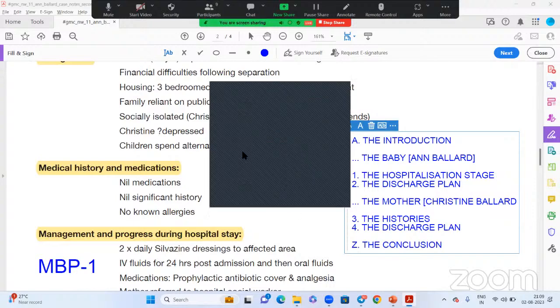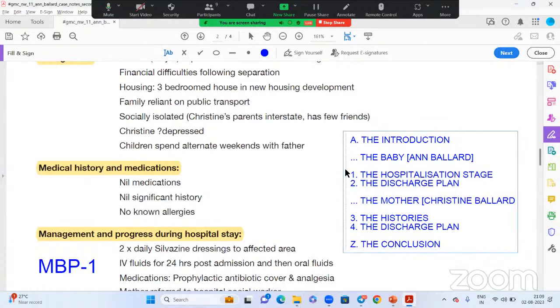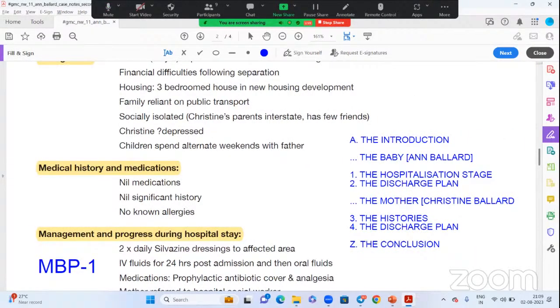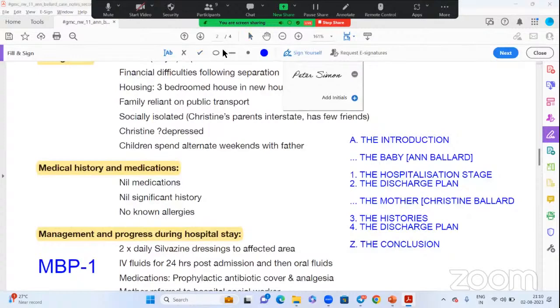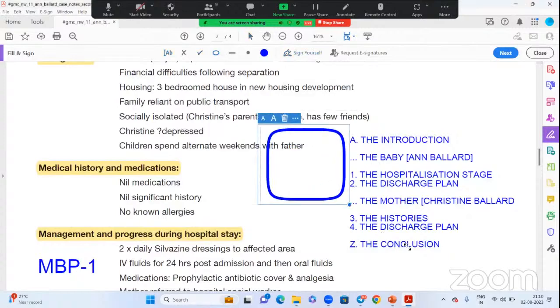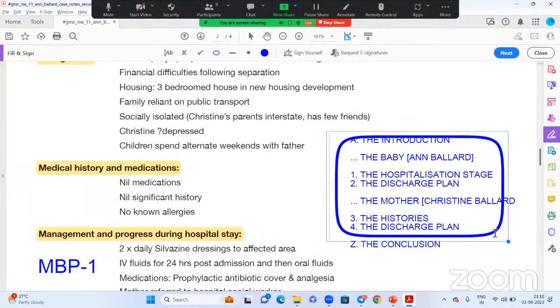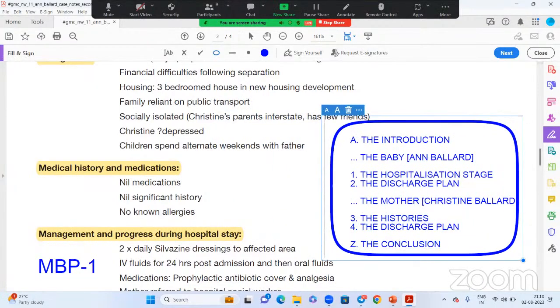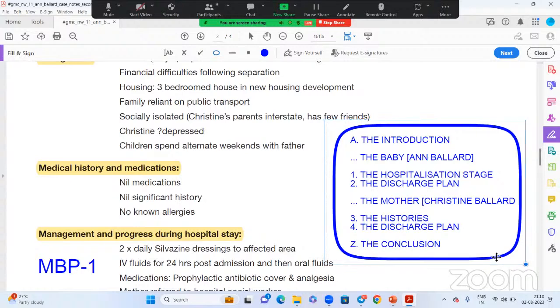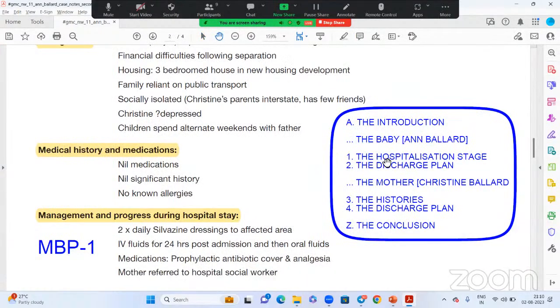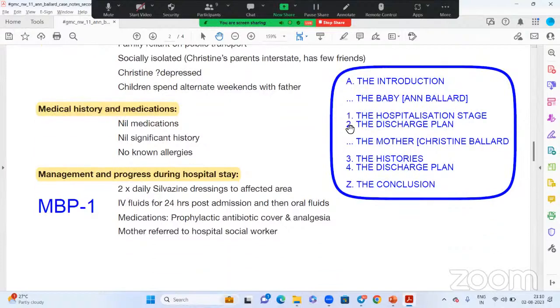So now here, this is the way how we are going to write the letter. Remember that. This is the organization of your letter.